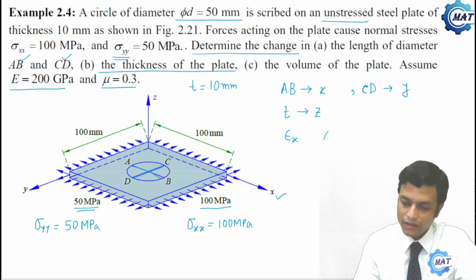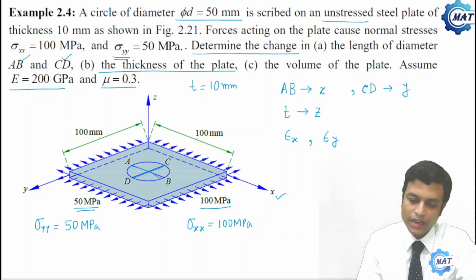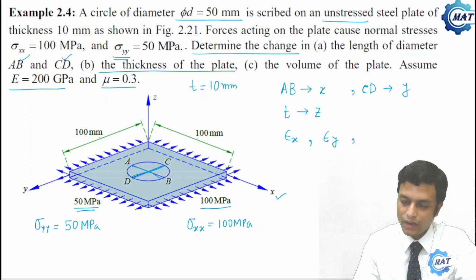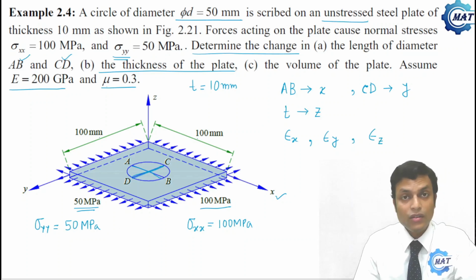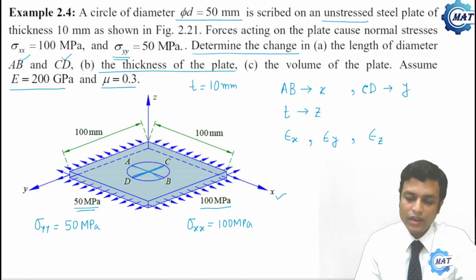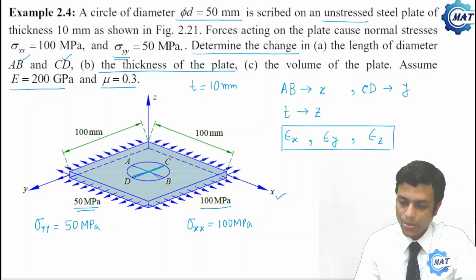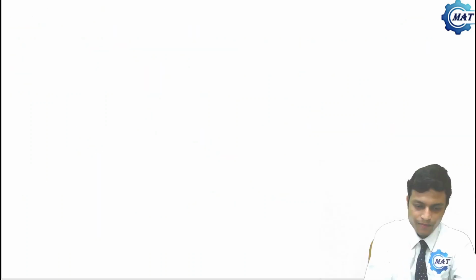If we calculate epsilon y, that is strain along y direction, we can calculate the change in diameter along CD. And if we calculate epsilon z, that is strain along z direction, we can calculate the change in thickness. So first of all, we have to calculate these three parameters. Now let us calculate epsilon x, epsilon y and epsilon z.